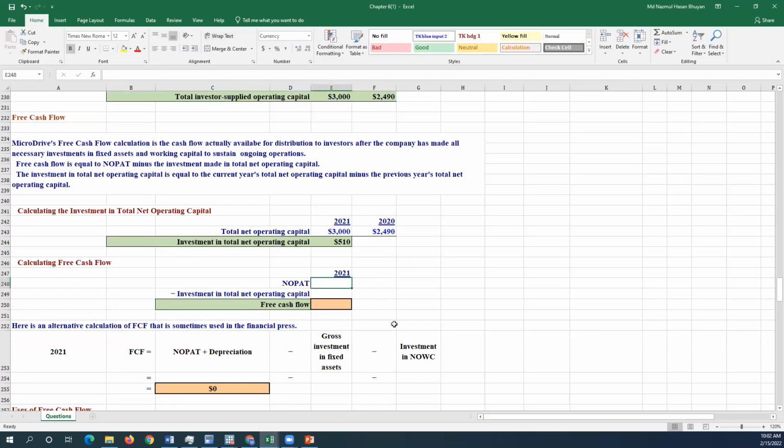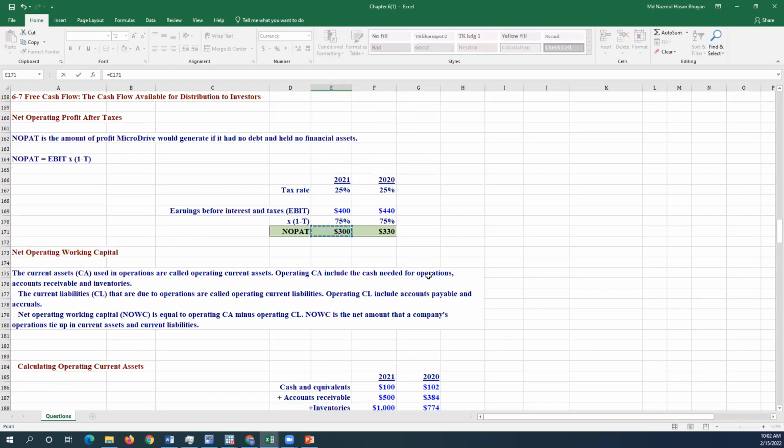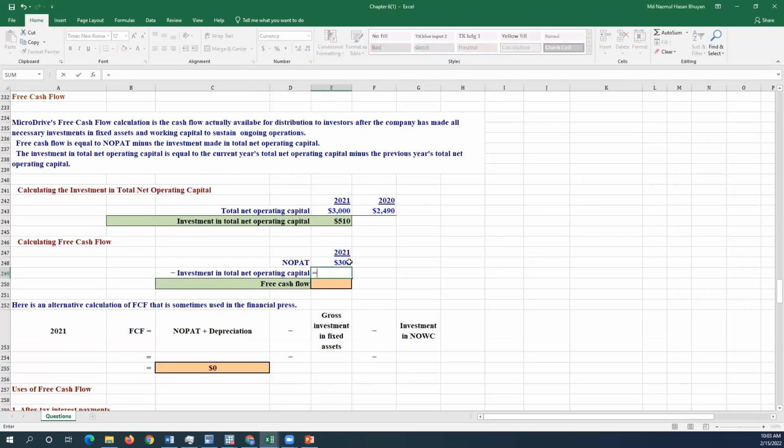Now, net operating profit after tax for the year 2021 is 300, and the investment or changes in net operating capital is 510. Then free cash flow to the firm is NOPAT minus changes in total net operating capital.